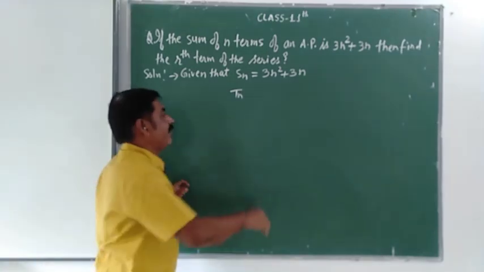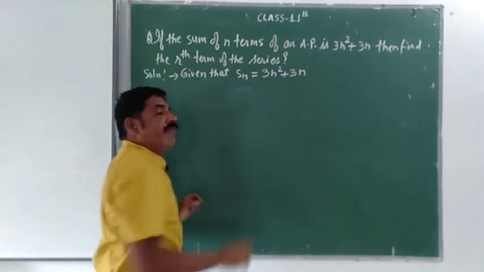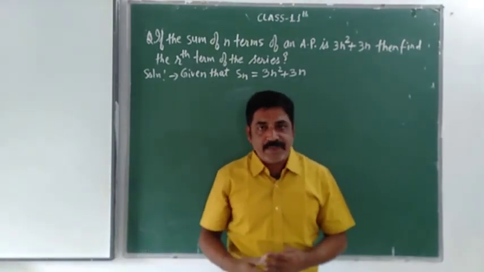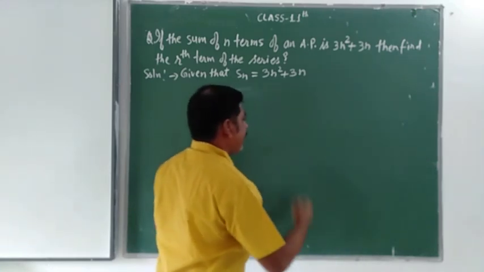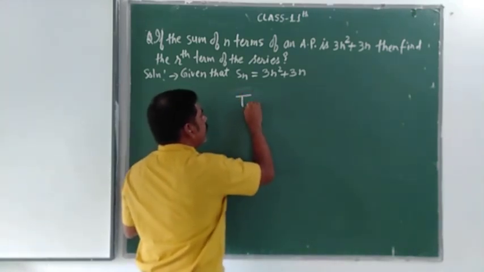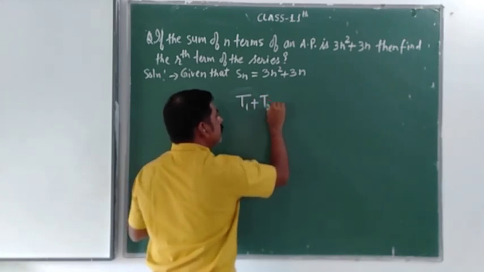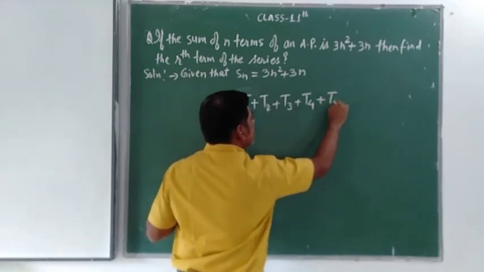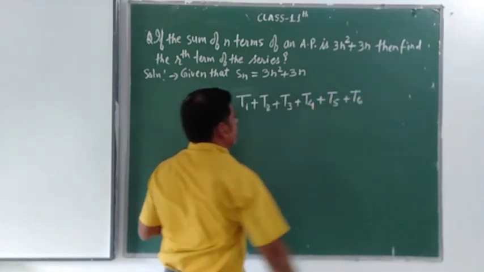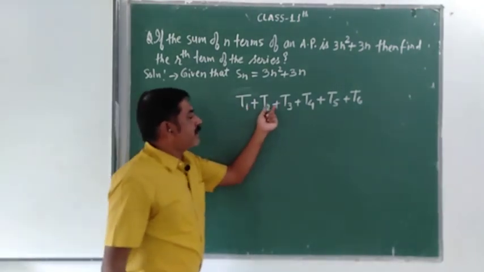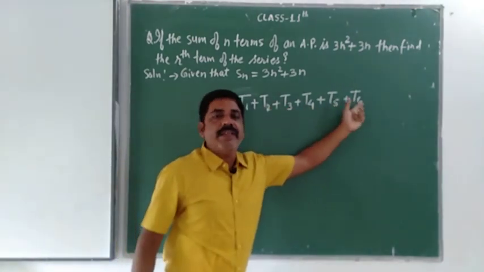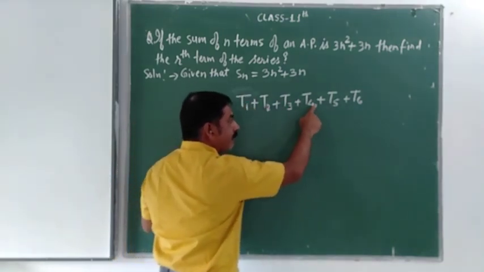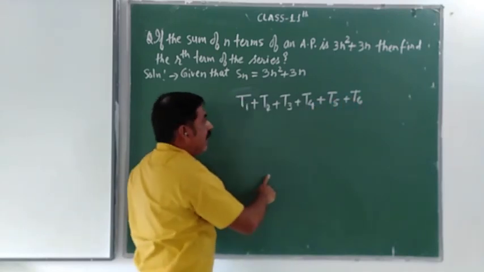Clear? Now see, when we are given the sum of n terms and we have to find the nth term, there is a formula. Take one example: T1 plus T2 plus T3 plus T4 plus T5 plus T6. This is the first term, second term, third term, fourth term, fifth term, sixth term.